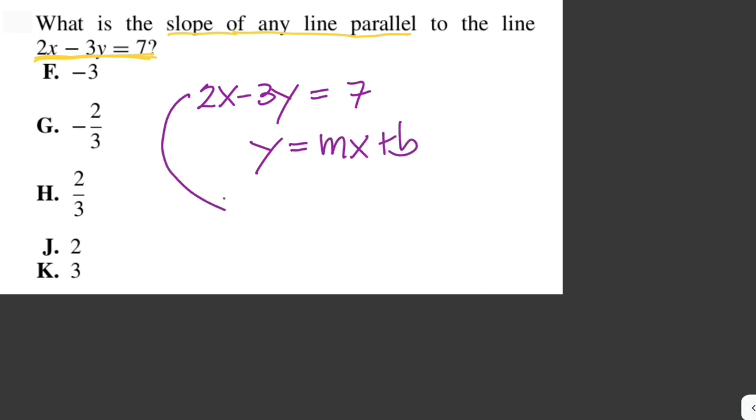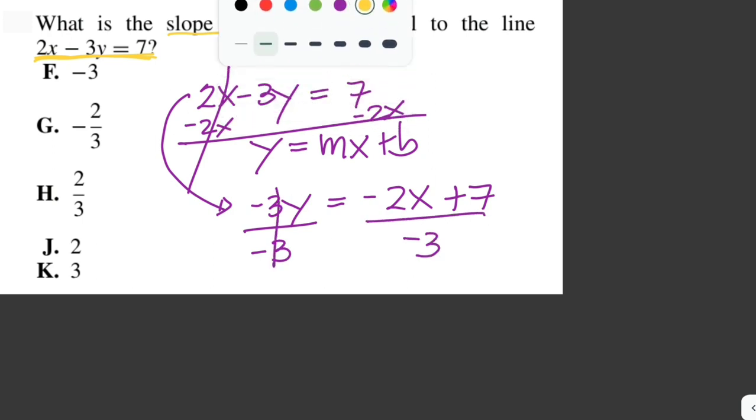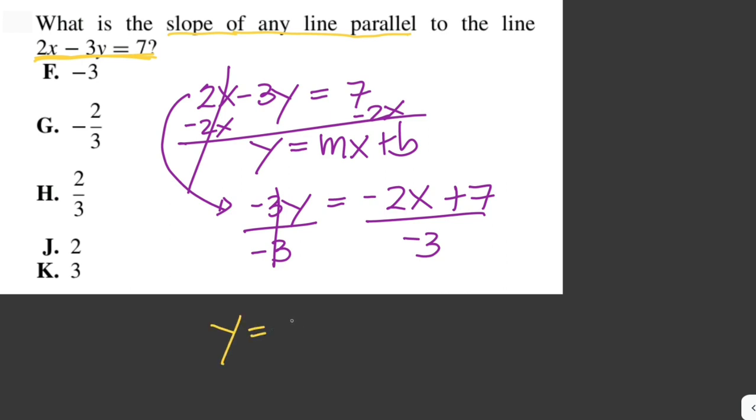So we can write this as negative 3y equals negative 2x plus 7. You just have to subtract 2x from both sides, and then we divide both sides by negative 3. So we have y equals 2 over 3 x minus 7 over 3.